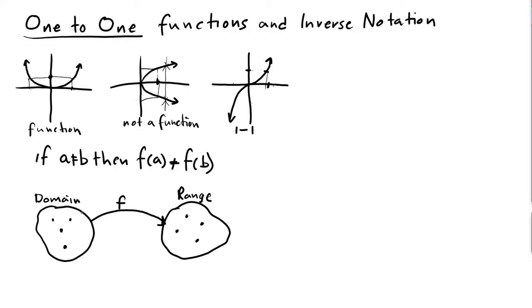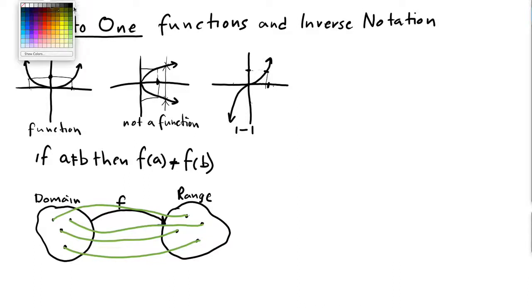To get from this point over here, I go through f, and let's say I land there. This point may land over here, maybe this one lands here, and this one lands here. So I get all this spaghetti going from the domain of f to the range of f.